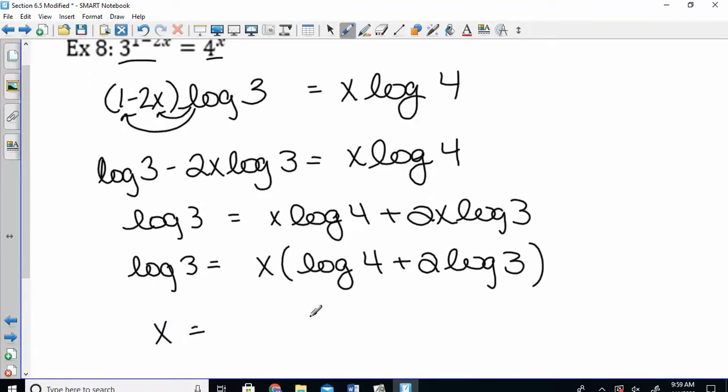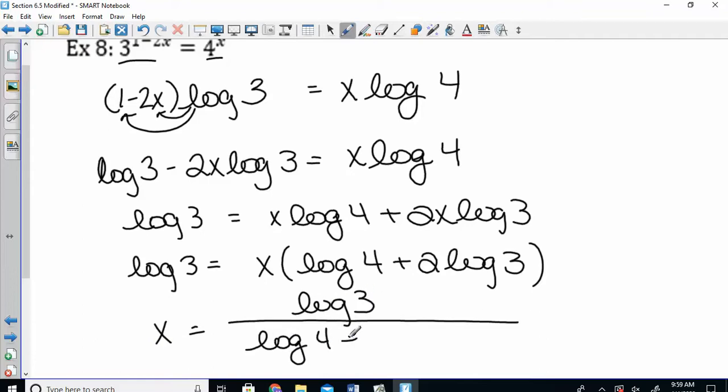So then if I want to get x by itself, we would divide. So that's the exact answer. If I wanted a decimal, you need parentheses around each argument and then an extra set around the entire denominator.